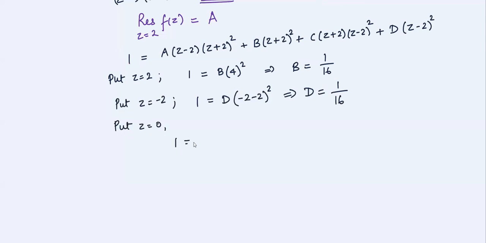See what happens. 1 is 2, 4 into minus 2, minus 8a, plus 4b, plus 8c, plus, no, sorry, this is 4b plus 4d.